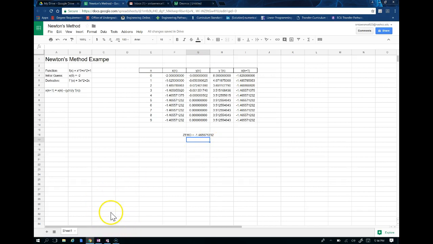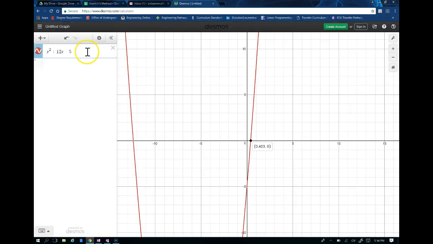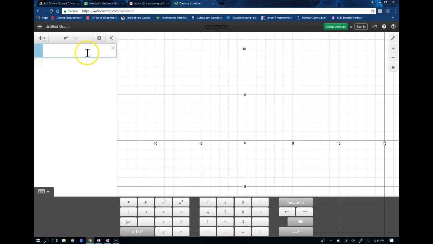So really quickly, and I'm all done with my video, but really quickly, I'm going to go over to Desmos, and I'm going to type this function in, and I'm going to see if we have a 0 there. So in Desmos, x cubed plus x squared plus 1. Let me get rid of this one.